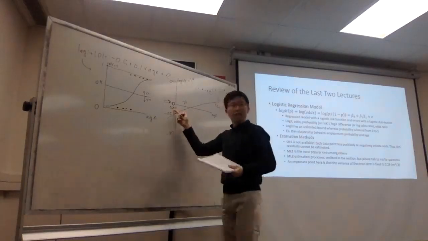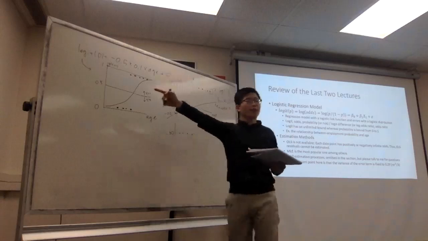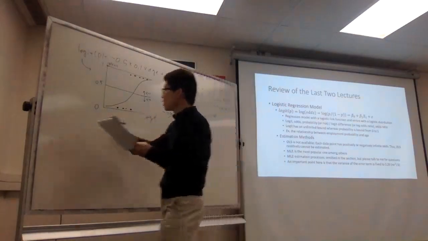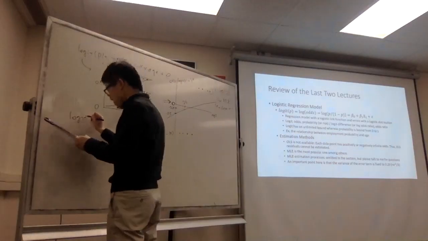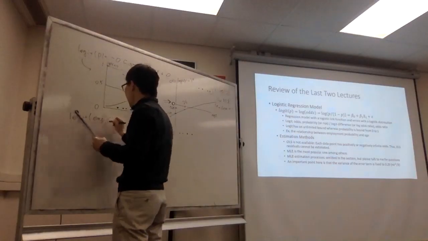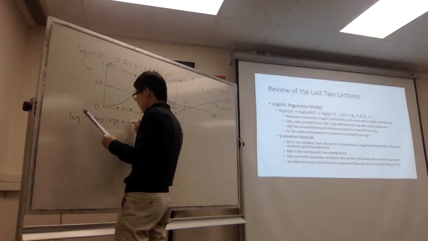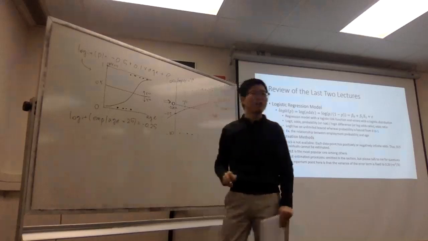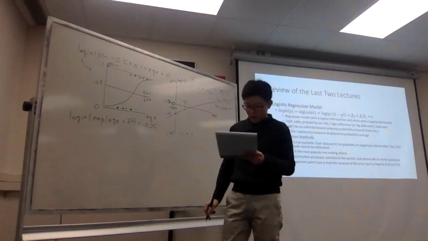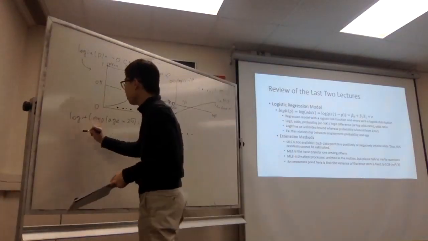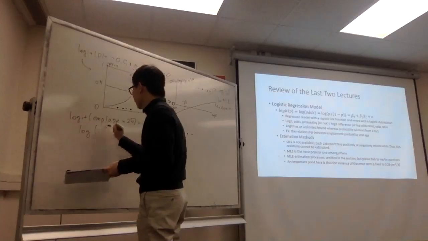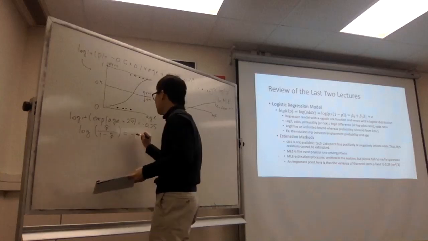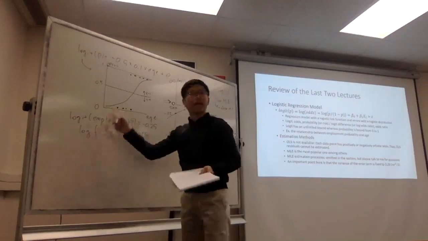And it can be translated into the probability scale, because the logit of employment at age 25 is negative 0.25, right? And you are putting it as this one. They're the same thing, right?